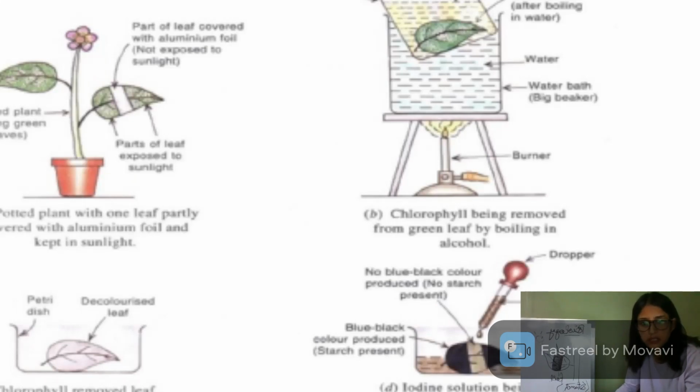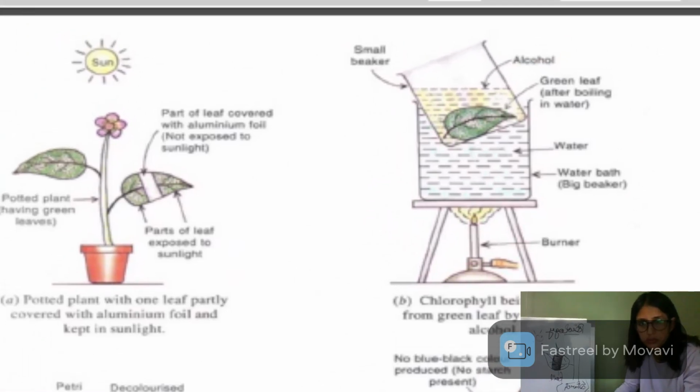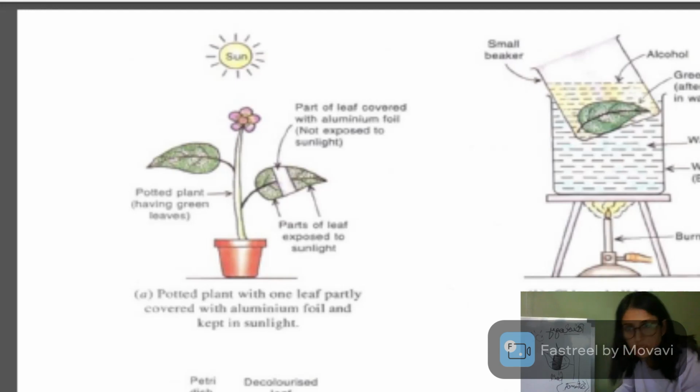Yes, now we have this. I'll adjust it a bit so it will be more clear to you. First we'll look at what is written here. Part of the leaf is covered with aluminium foil, not exposed to sunlight. The potted plant has green leaves, and part of the leaf is exposed to sunlight.